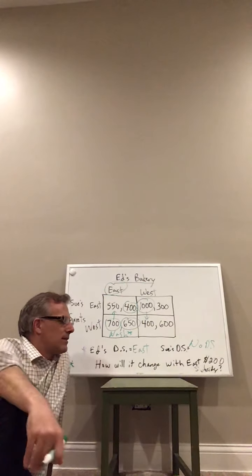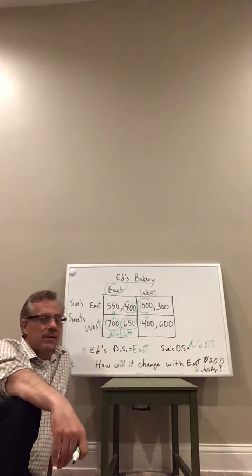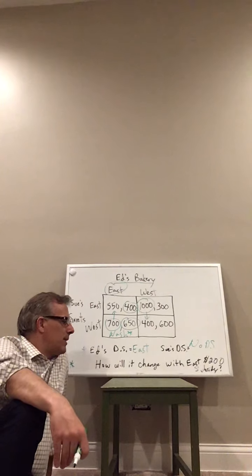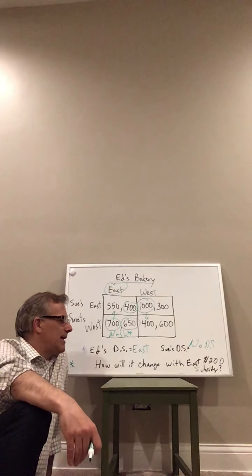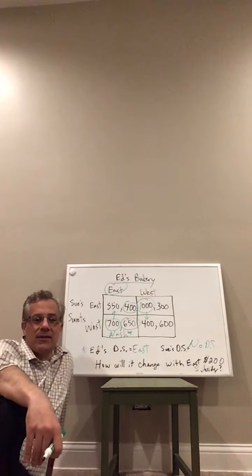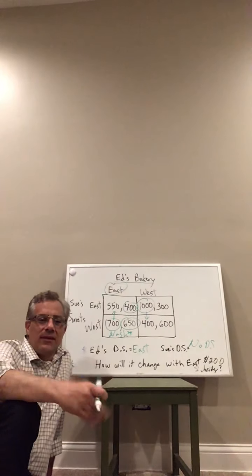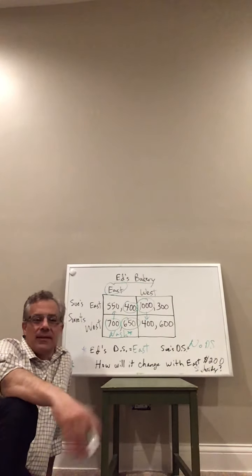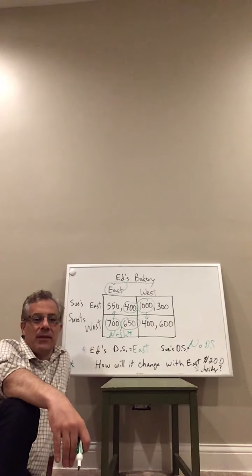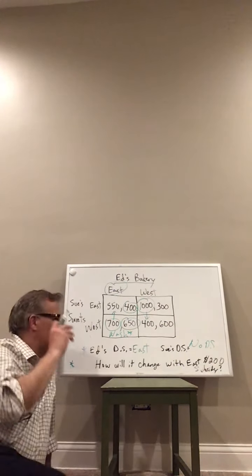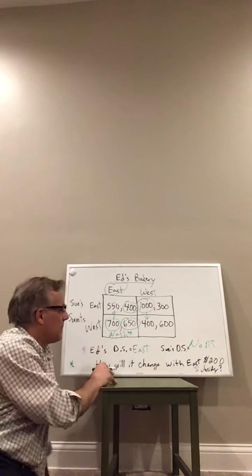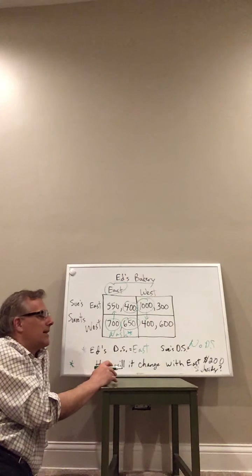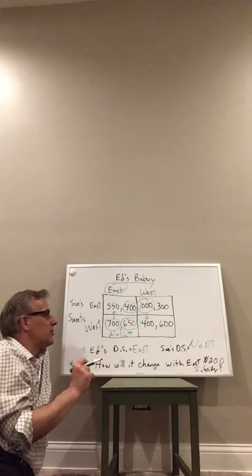Now here is the question that they've thrown in a few times. How will it change with East getting a $200 subsidy? So let's say there's an underdeveloped region of the city. They want to encourage businesses to open in the East. So there's a $200 subsidy. Well, we got to figure out which are the East locations, which is not as easy as you would think.